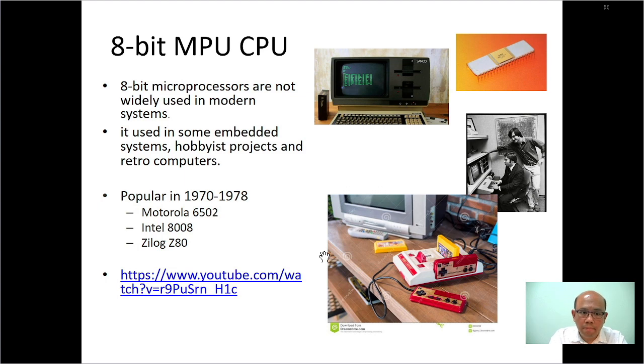We call them 8-bit microprocessors. The 8-bit microprocessor was built into model computer systems, and not only those, it was used in computer games. Here this is an 8-bit microprocessor.